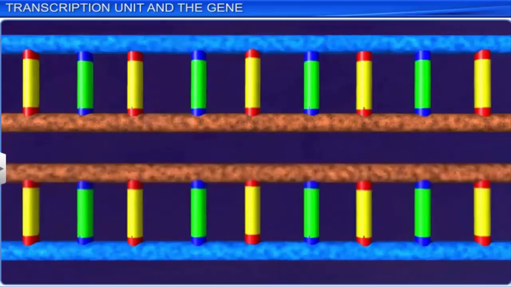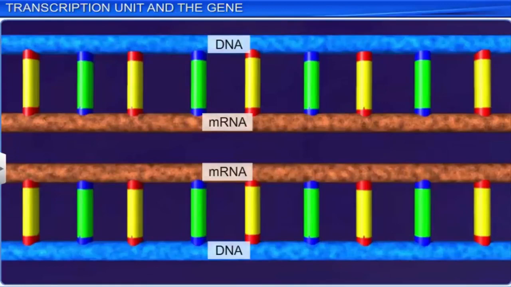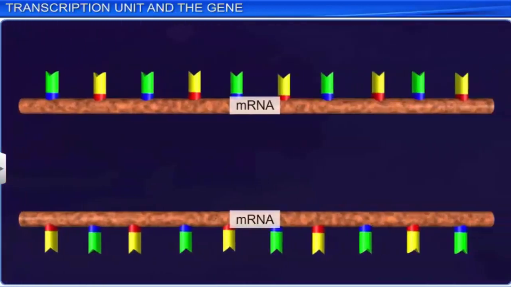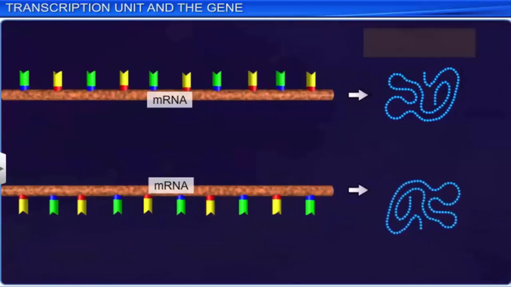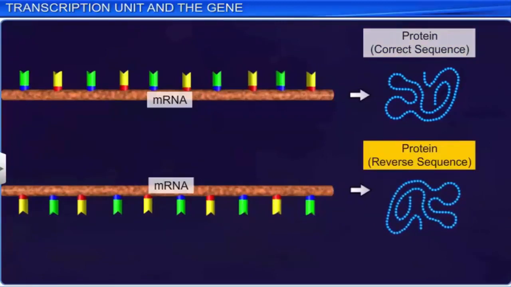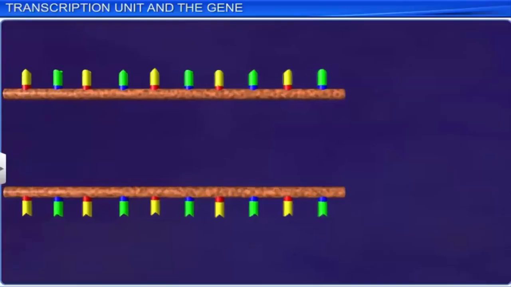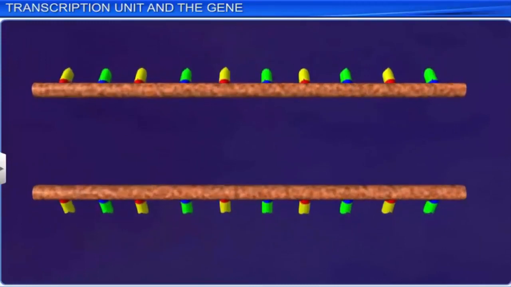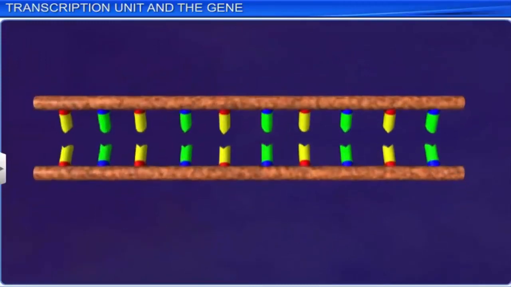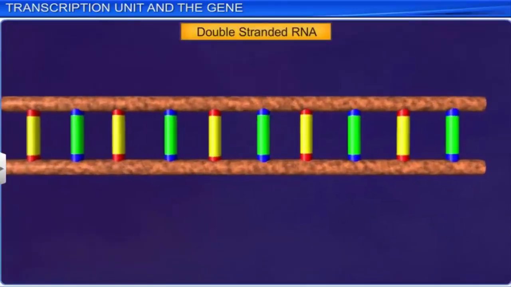In case both DNA strands act as templates in transcription, two types of proteins will be produced. One with the correct sequence and the other with the reverse sequence of amino acids. Moreover, the simultaneously produced RNA molecules would become complementary to each other and will form double-stranded RNA.